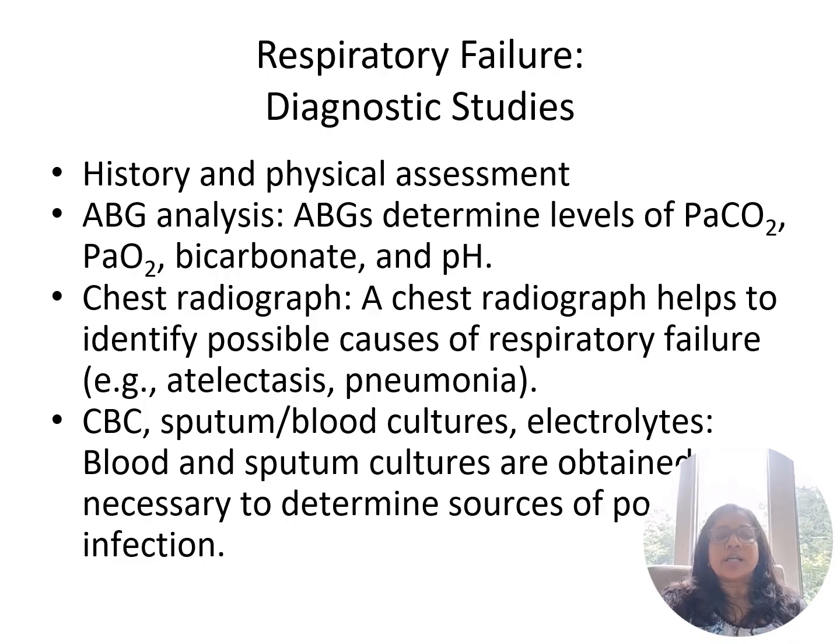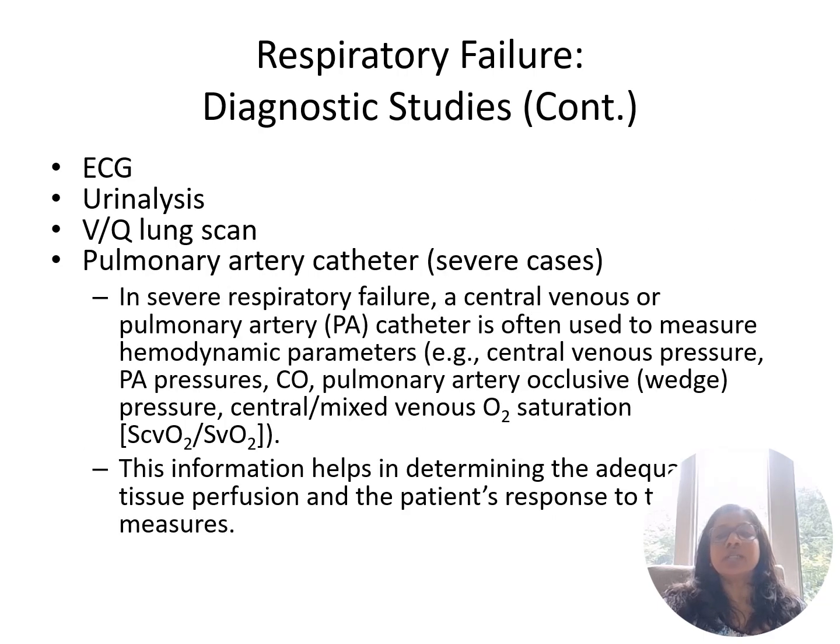Then what are the diagnostic studies? Our basic and the biggest thing which we can diagnose this is by doing ABG analysis. Chest radiographs will show signs of atelectasis or pneumonia. CBC, blood culture, electrolytes also will show changes. You would see arrhythmias as a result of those changes too, so ECG changes, urine analysis.